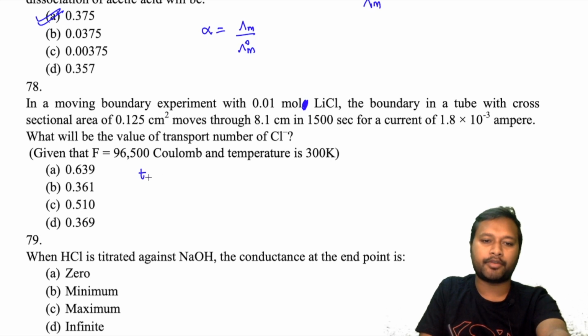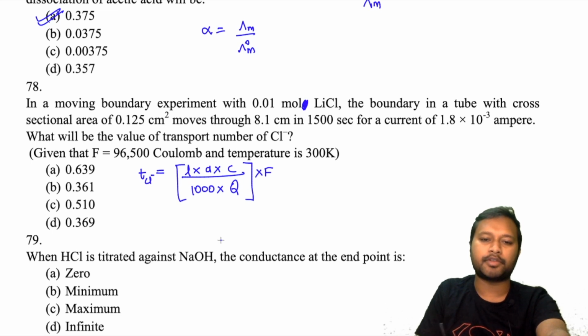Transport number of any cation or anion is actually given by, if they are asking for chlorine, so let's write down for chlorine: the length multiplied by area of cross section multiplied by the concentration divided by 1000 multiplied by the Q. Q means the charge per second which we are experiencing multiplied by the Faraday constant. So by doing all this, you will get the transport number.